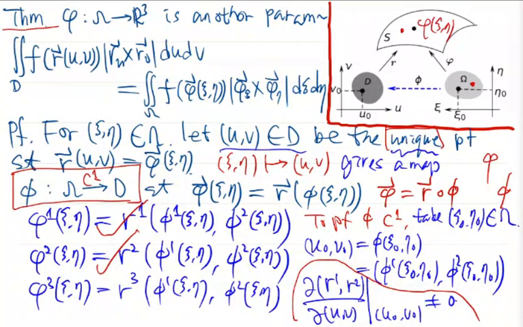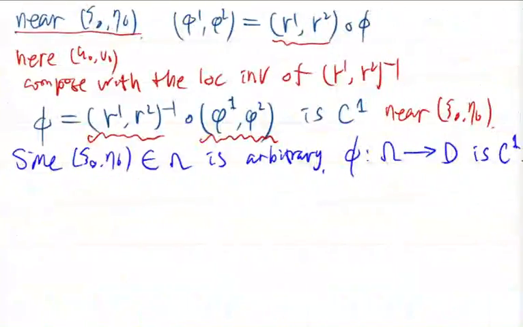Then the point on the surface corresponding to the point in omega has exactly one plane image under R. Then the definition of phi is precisely mapping the point we have taken in omega to the plane image of the point on the surface in D. Such a point exists and is unique. So this means that our phi is one-to-one and onto. So it is a bijective map. Okay, so this is a bijective C1 map.